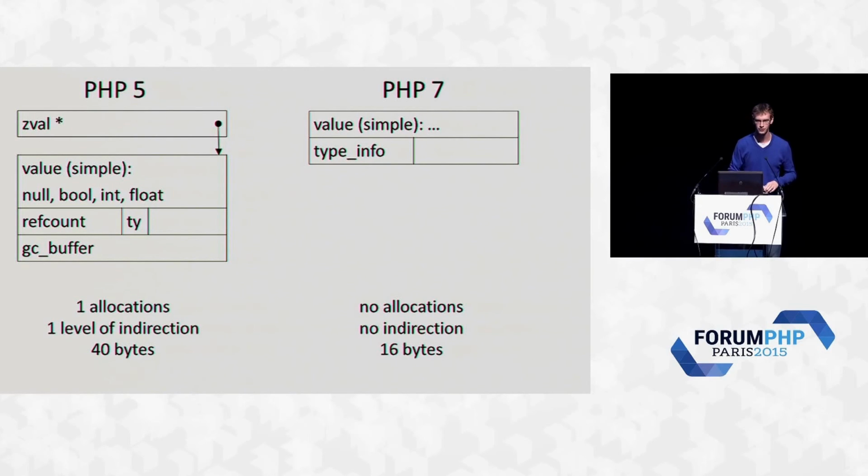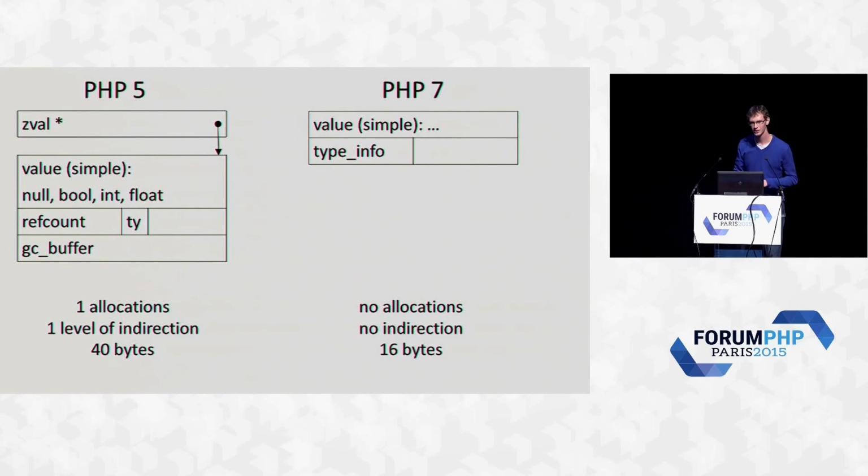In PHP 5, on the other hand, we had to do a lot more work. So first of all, we have one level of indirection because we have a pointer involved. We had to do one allocation, so the zval had to be allocated. And we are storing a lot of information we don't really need. So it's not just the reference count, it's also the GC buffer there at the bottom.